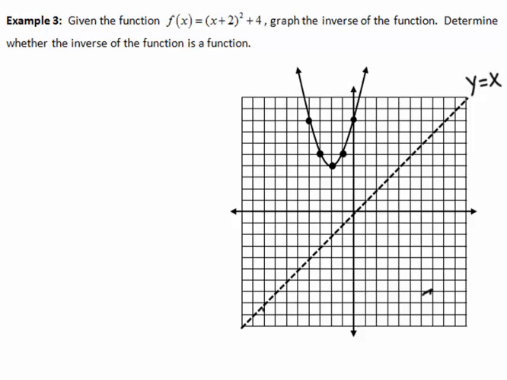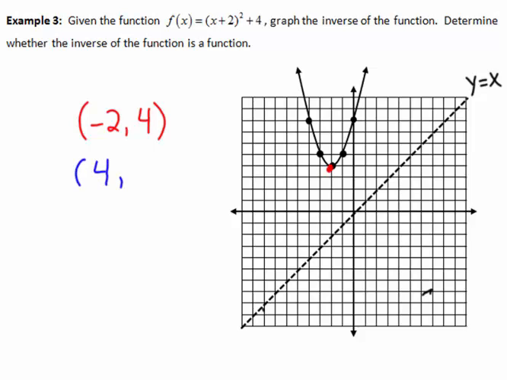So how do we graph this reflection or this inverse function? Well, if we start at our first point right here, that first coordinate is at the point -2, +4. If we were to reflect that or do the inverse of that, we just reverse.